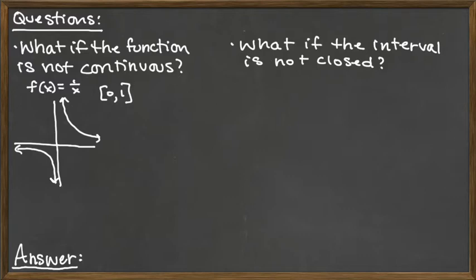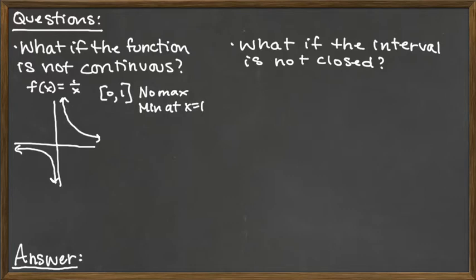So we have no max, but there is a min, which would be at x equals 1. Other than the place x equals 0, the function is continuous, and so we get no max because the function goes off to positive infinity on the right side of 0.